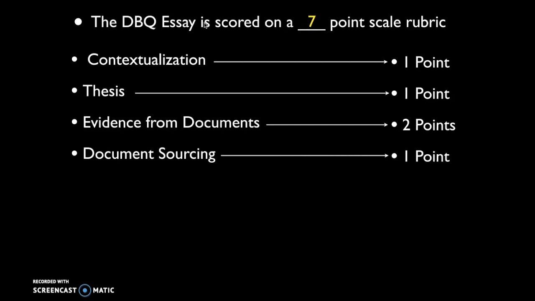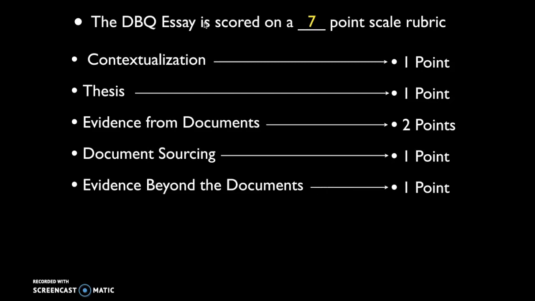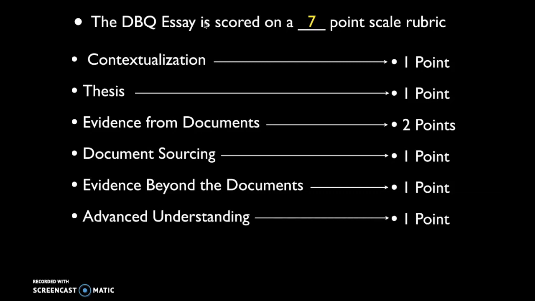Document sourcing, which we will not be doing for this diet edition of DBQ. Evidence beyond the documents is also worth 1 point if you do it successfully one time. Advanced understanding, or the unicorn point, is also worth 1 point, and you will not have to be attempting to try and get the unicorn point for this DBQ.